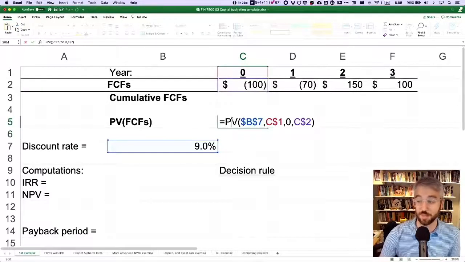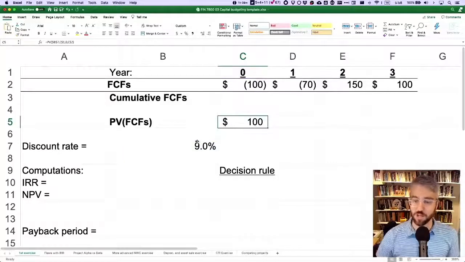Now, we do have to be a little bit careful here about signs. So first, let me just show you the cell references. I'm referencing the number of periods from row 1, the free cash flow in dollars from row 2, and the discount rate fully locked in cell B7. So the thing that I do have to be extra cautious of here is that when I use that PV function, Excel has flipped the sign of my cash flow.